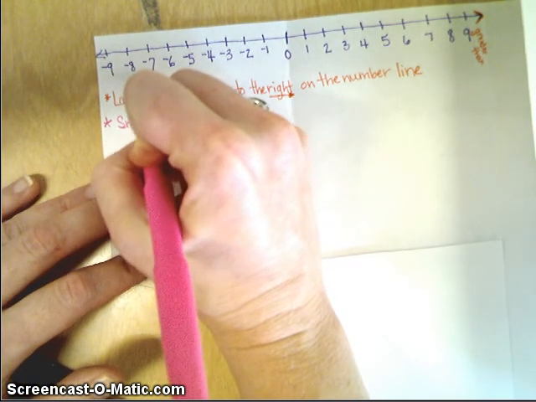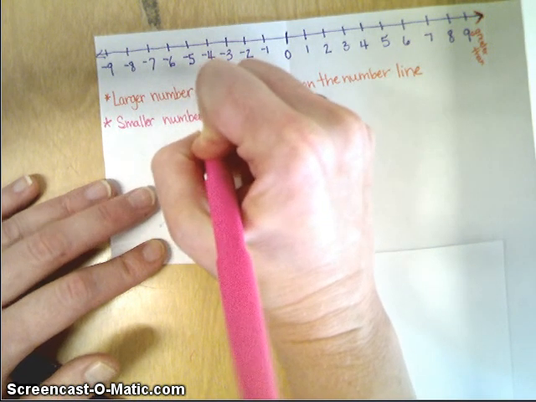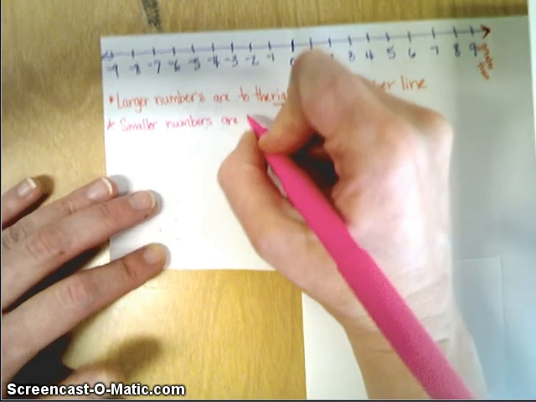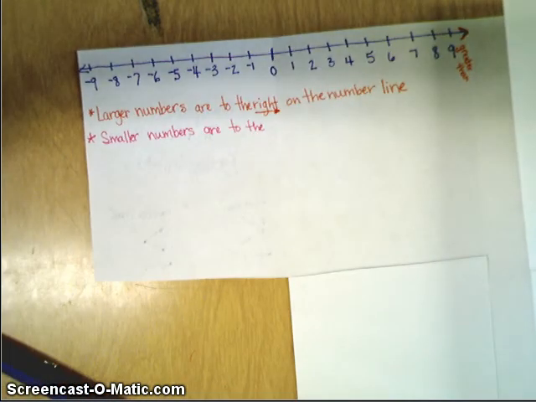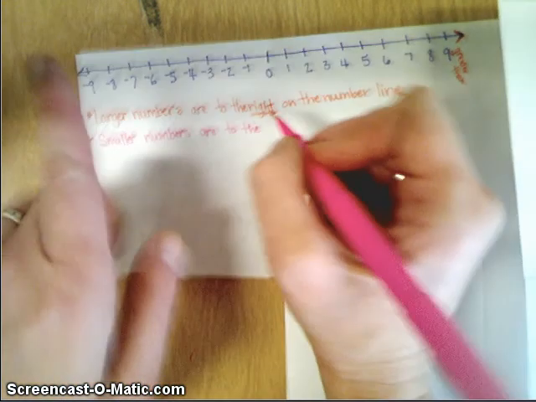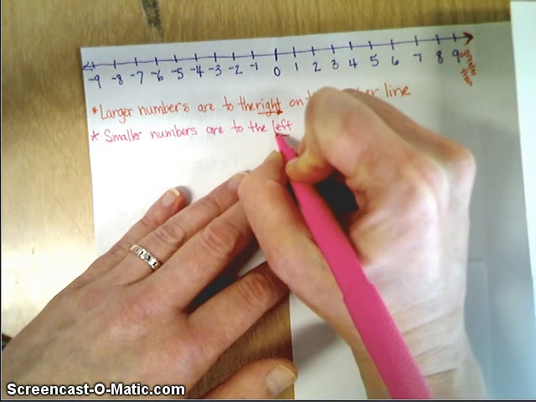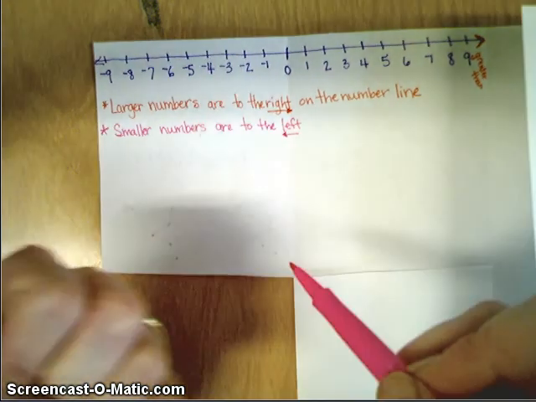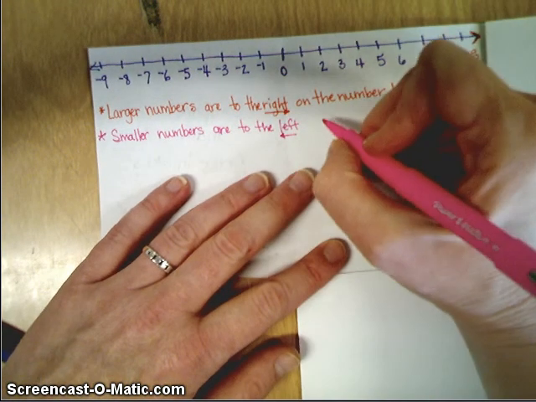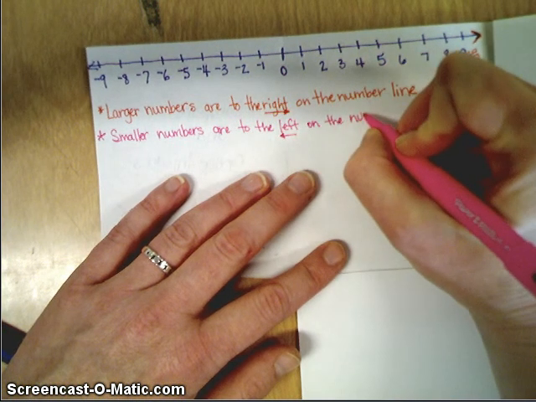Smaller numbers, if we're talking about the opposite of larger numbers, then we'd also be talking about the opposite direction. They're on the left side. Left is that way. L, left, this way. On the number line.